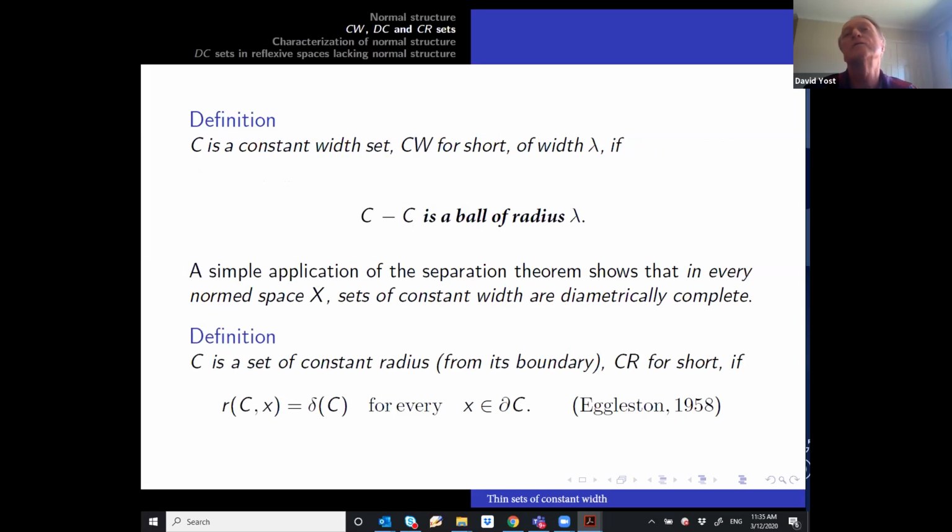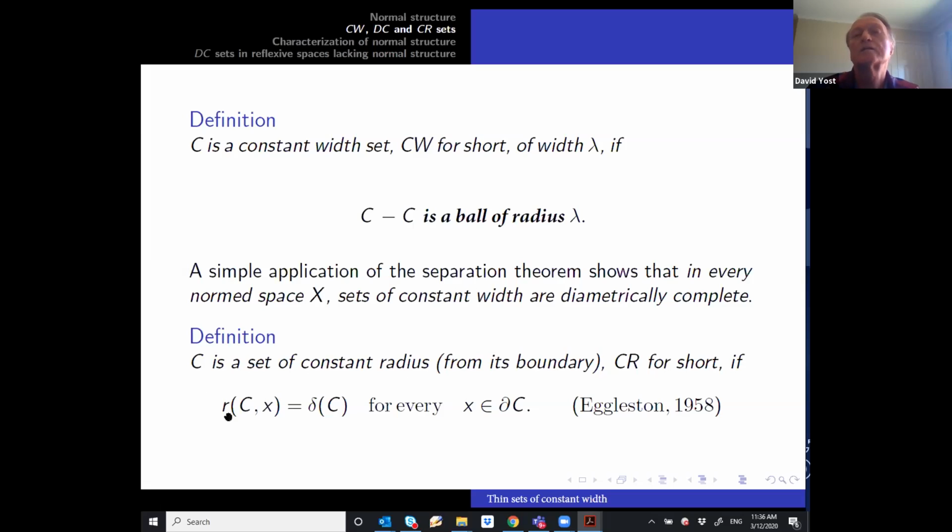Okay, here's the definition I really wanted. A set is constant width, this is equivalent to what was on the previous slide, if the difference set, the set of all x minus y, such that x is in C and y is in C, is always a ball. And the next definition, a set is constant radius. I may not talk much about this.